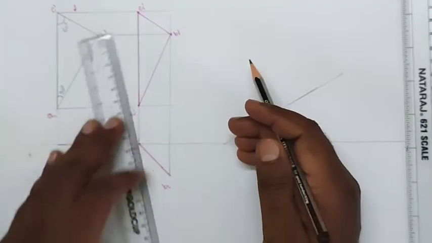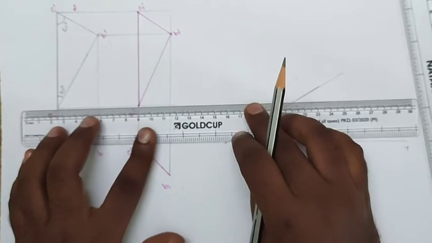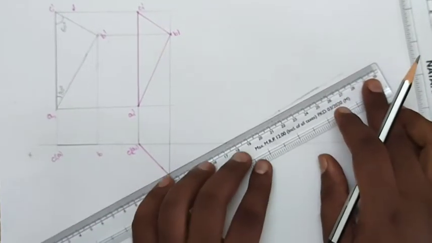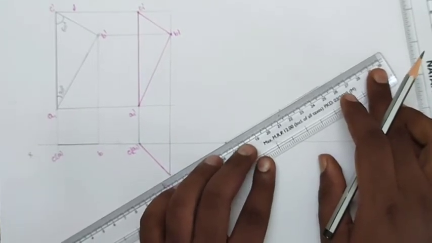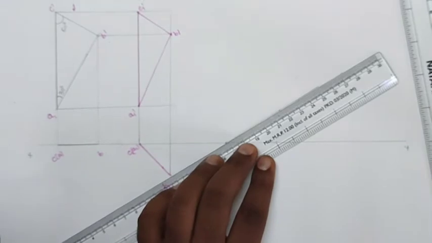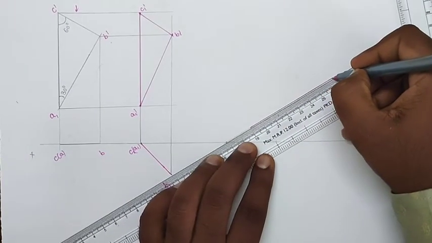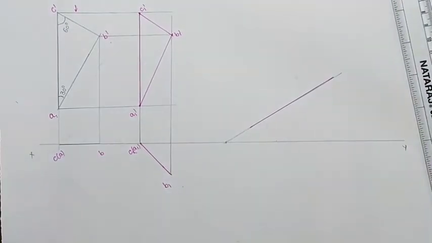I am measuring this box length, so this is 75 and the breadth is 25. So with the length of 75 and 25 I am constructing a box.